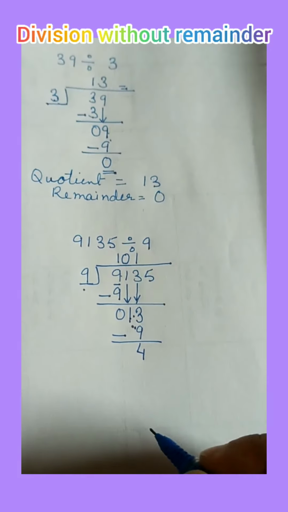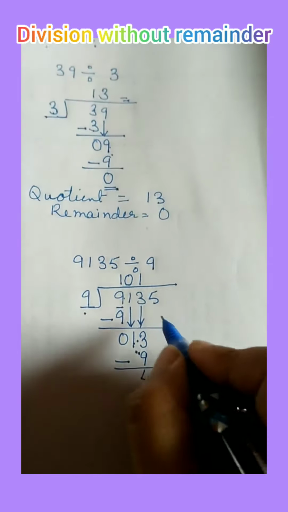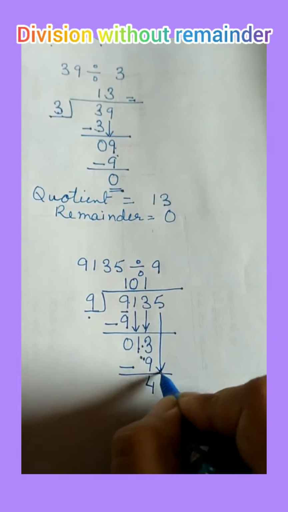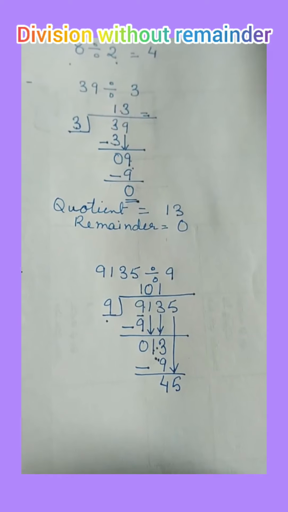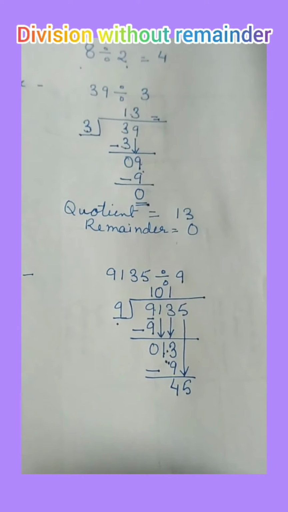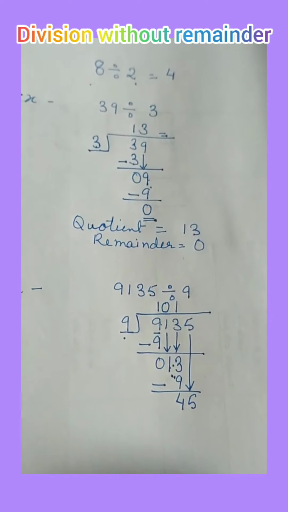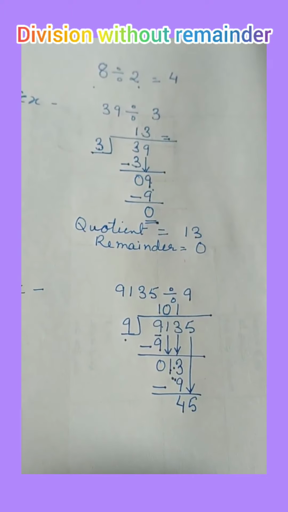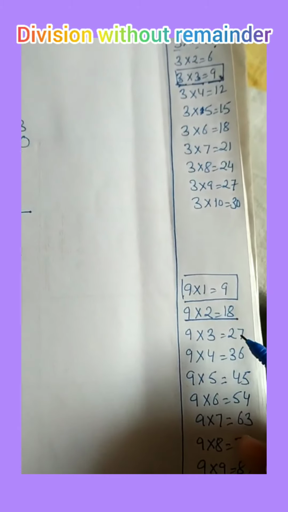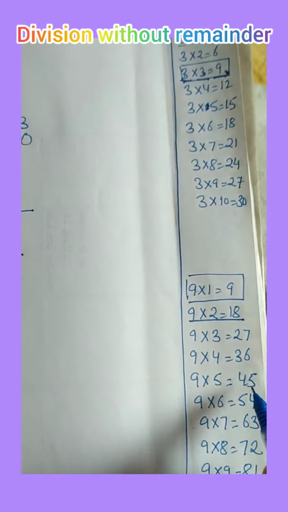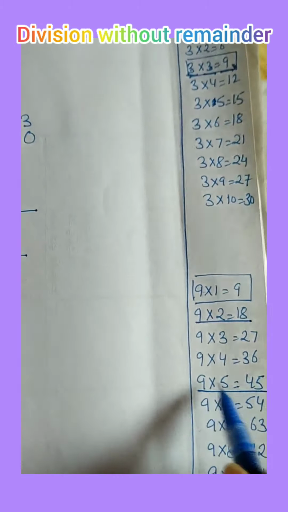Now we are left with one more digit, that is 5. Now we will write 5 here and the number becomes 45. Now let's check whether we have 45 in the table of 9 or not. Check the table. 9, 18, ... 45. Right. So we have 45 here.